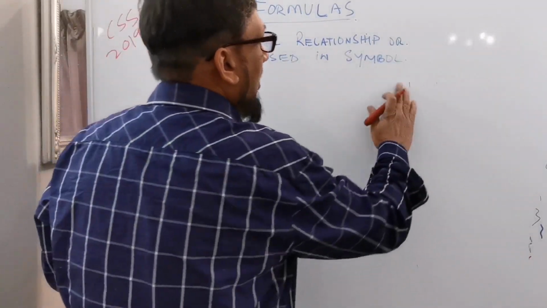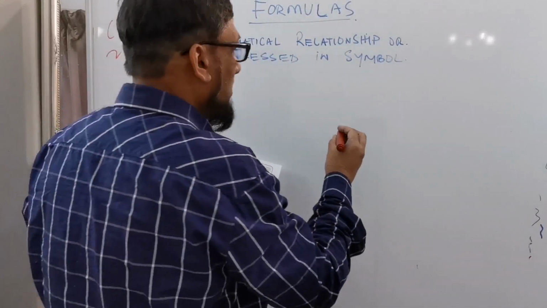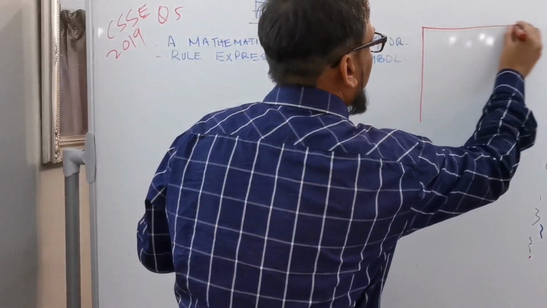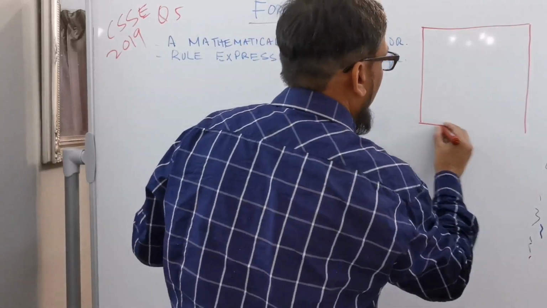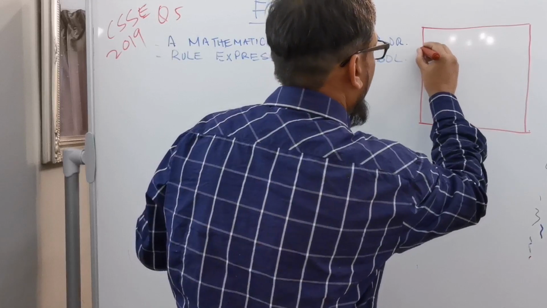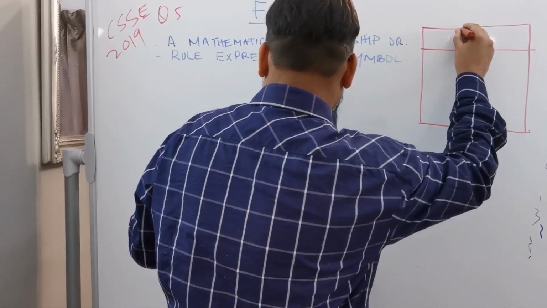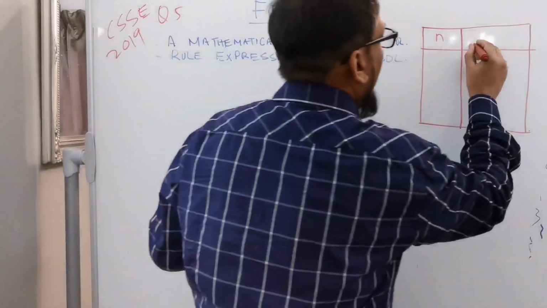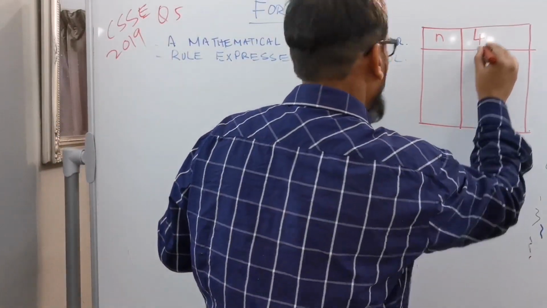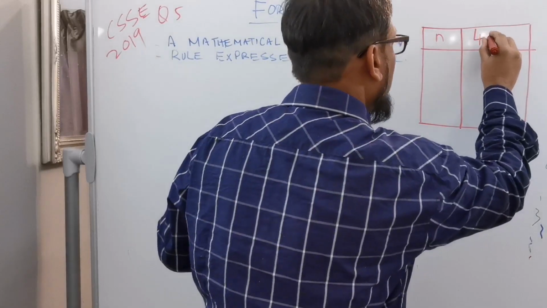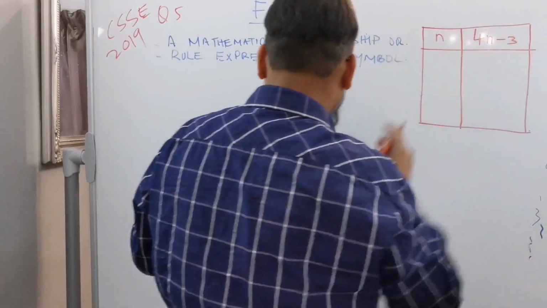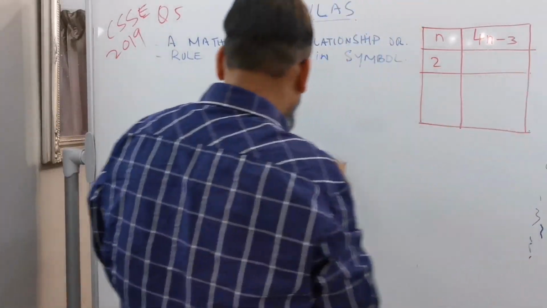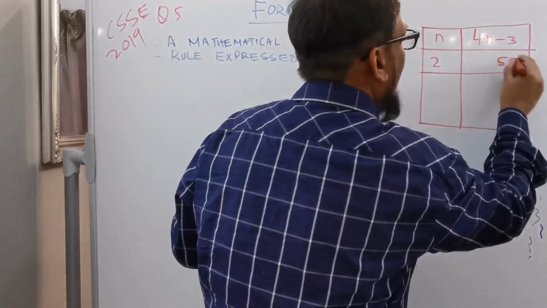They give you a table with the value of n and the formula they used, 4n minus 3, and they give you number 1 as the example.